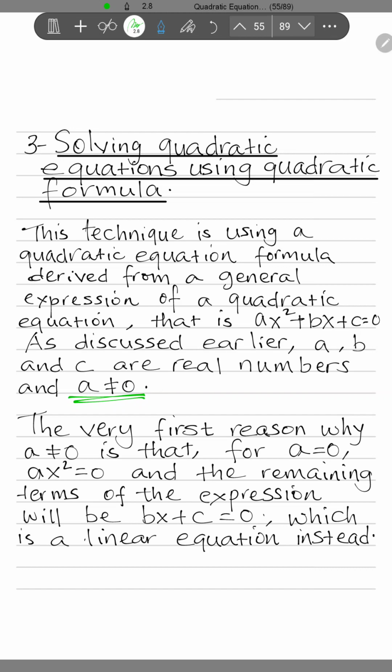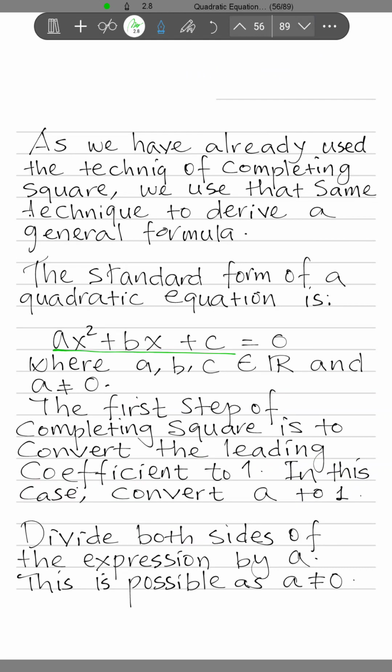The very first reason why a is different from 0 is that for a equal to 0, ax squared is equal to 0, and the remaining terms of the expression will be bx plus c is equal to 0, which is a linear equation instead. So a quadratic equation is defined in such a way that ax squared plus bx plus c is equal to 0, where a is different from 0.